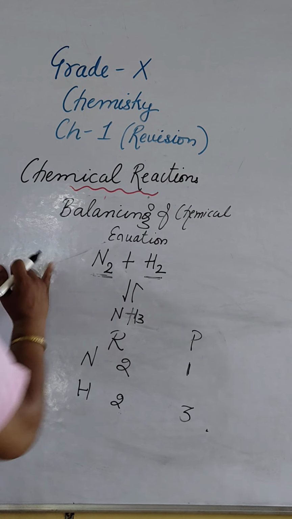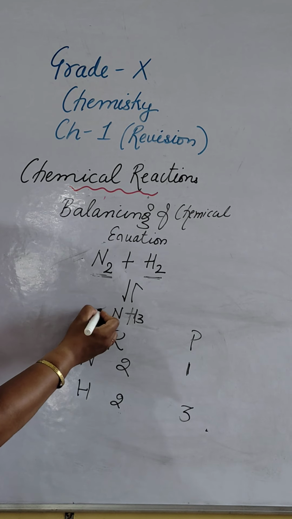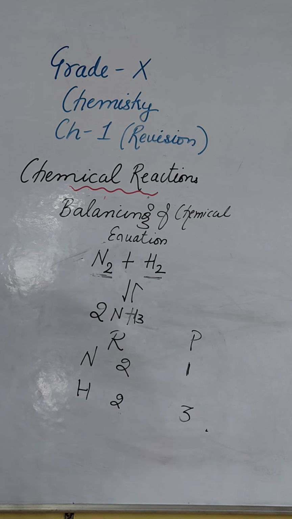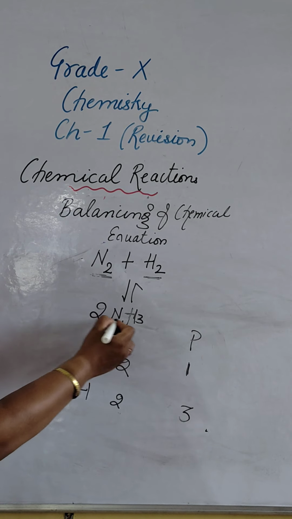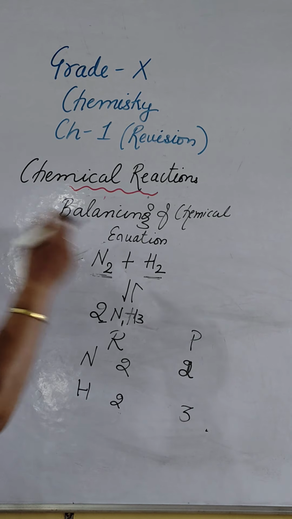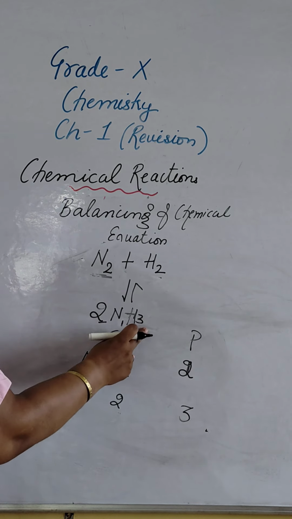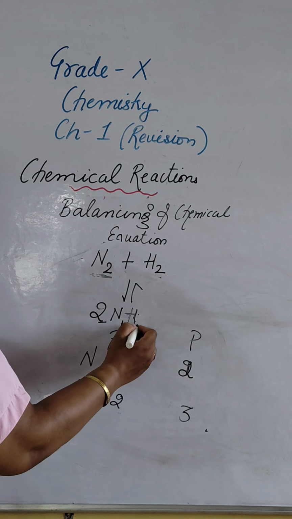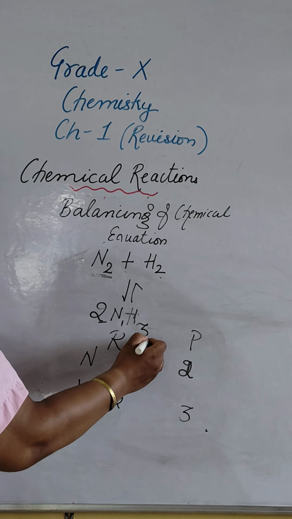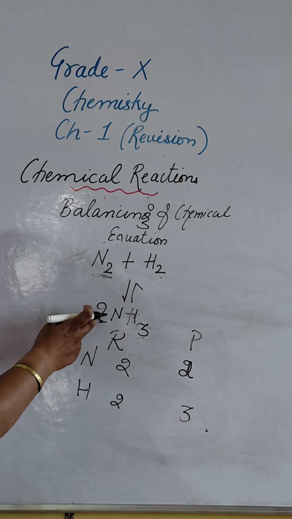So, here how many nitrogen? 2. Here how many nitrogen? 1. So, first I am writing 2 here. Now check. 2 into 1, 2. Now nitrogen is balanced. Now check hydrogen. How many hydrogen? 2. But here, the 3 in the parenthesis of hydrogen must be multiplied by this number.